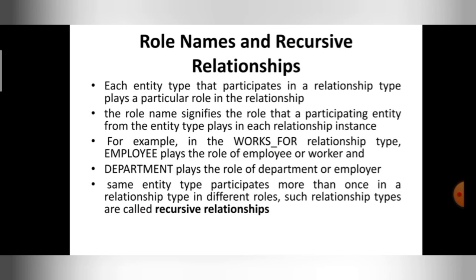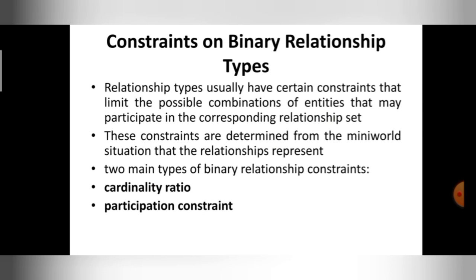Getting it, guys? Next, constraints on binary relationship types. What are the constraints? Constraints are nothing but I can tell how many instances can participate in the entities. For example, I can tell all the employees can work for the department, or I can tell only 2 employees should work for the department.